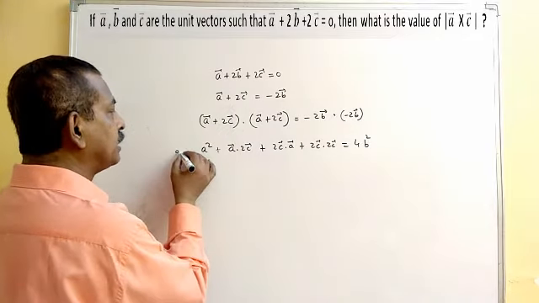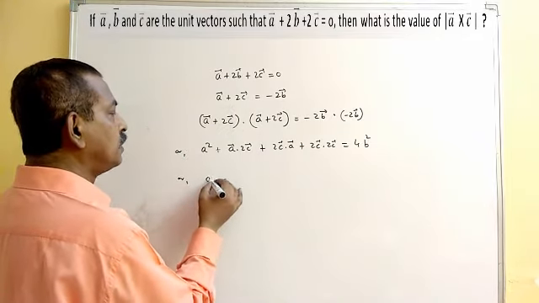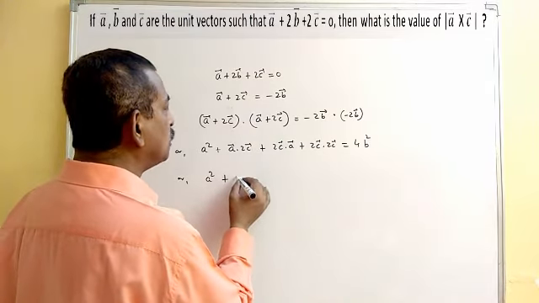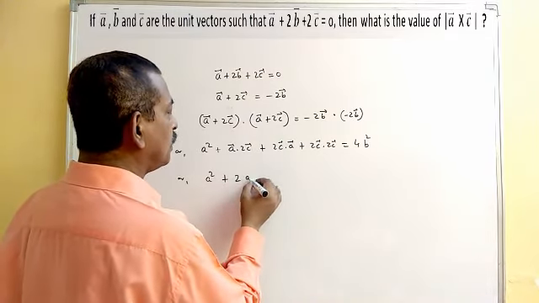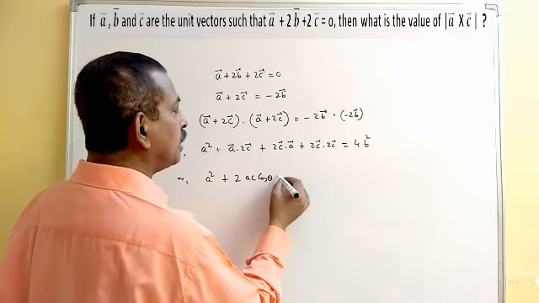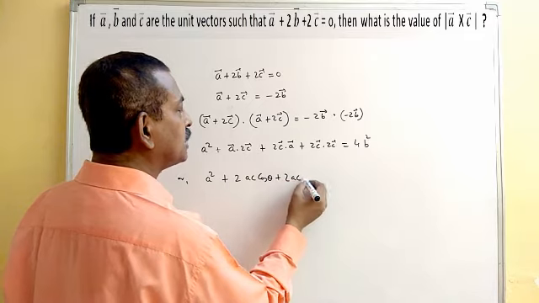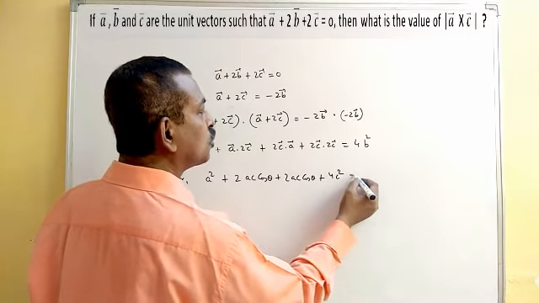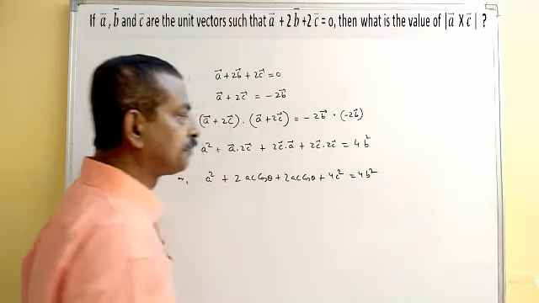So again, this can be written as A square plus 2 AC cos theta, this is also 2 AC cos theta, and this is 4C square, that is equal to 4B square.